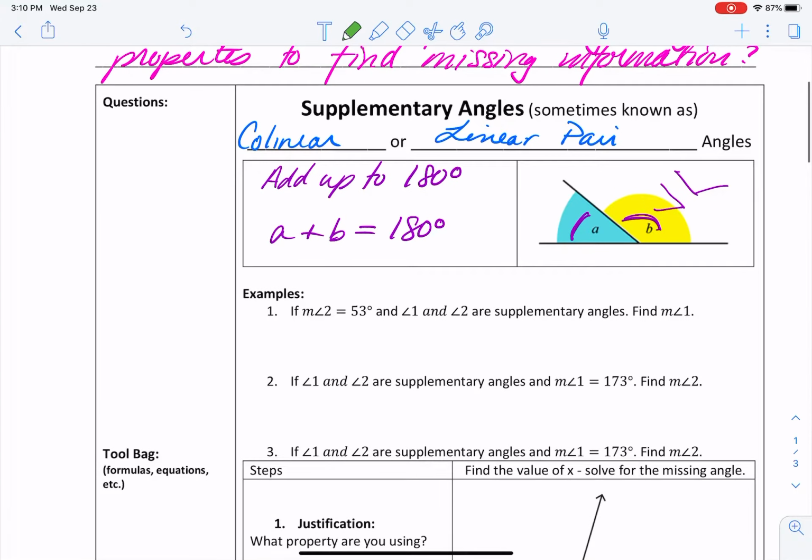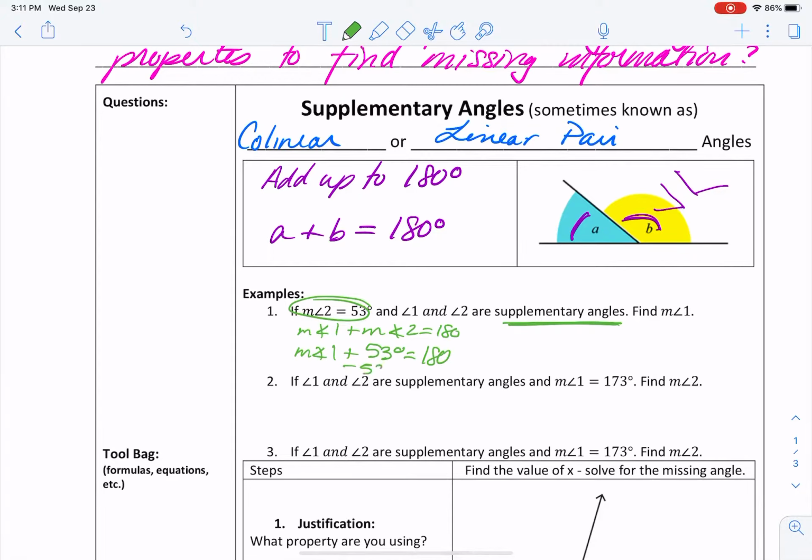So, if the measure of angle 2 is 53 degrees, and angles 1 and 2 are supplementary, find angle 1. That means the measure of angle 1 plus the measure of angle 2 equals 180 degrees. I know that angle 2 is 53 degrees, so the measure of angle 1 plus 53 degrees is 180 degrees.